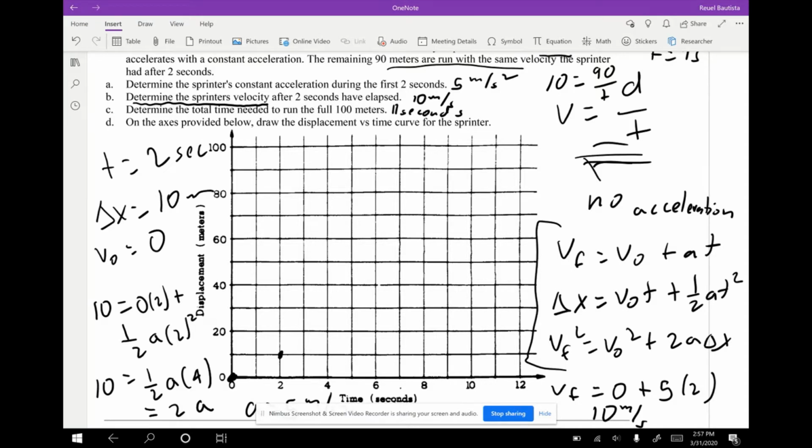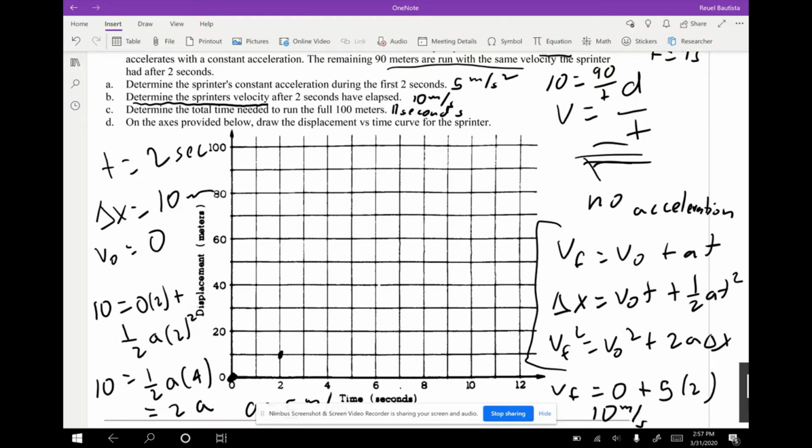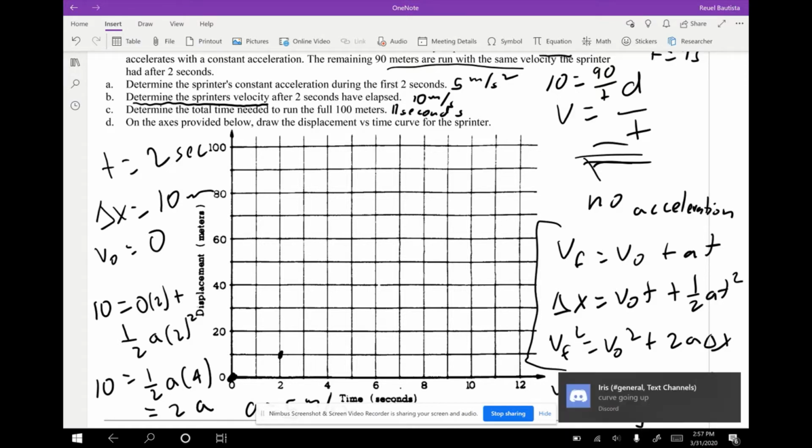Yeah, it would be a curve going up because there is acceleration. Remember, acceleration means there's a change in velocity. So in a displacement versus time graph, if there's an acceleration, our graph would be a bit curved. So our graph will kind of look like this. Not exactly, because I can't draw.